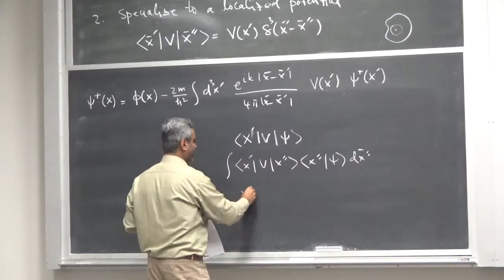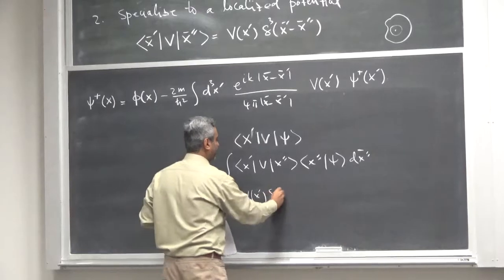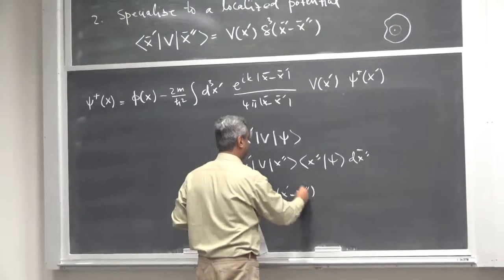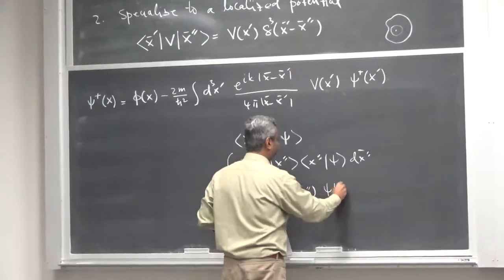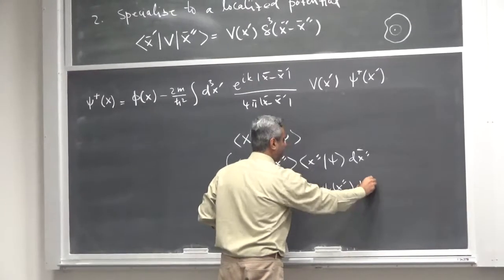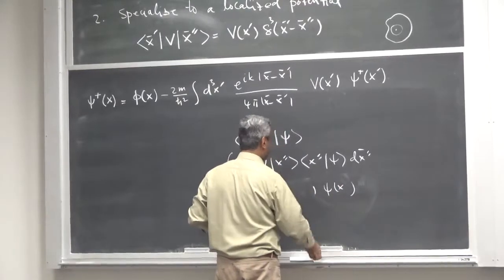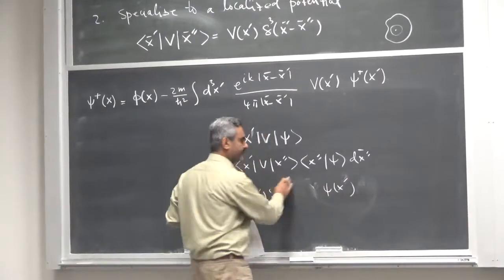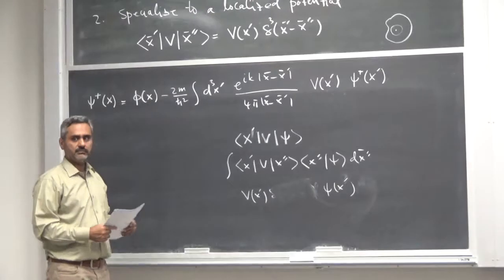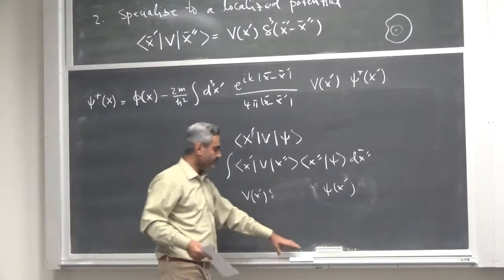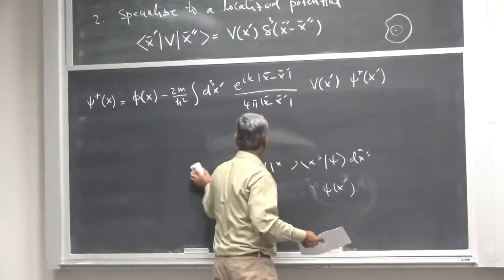And so this thing is V of x prime delta of x prime minus x double prime, and this is psi of x double prime dx double prime. And when you integrate, this goes away and this goes away and this becomes x prime. Okay? That's how you go from there to there.